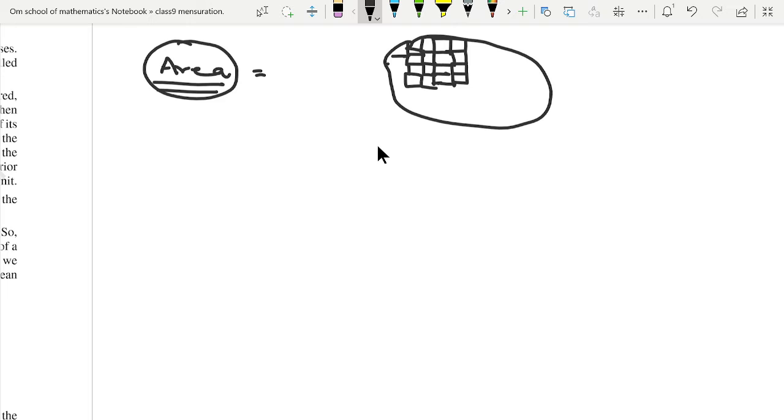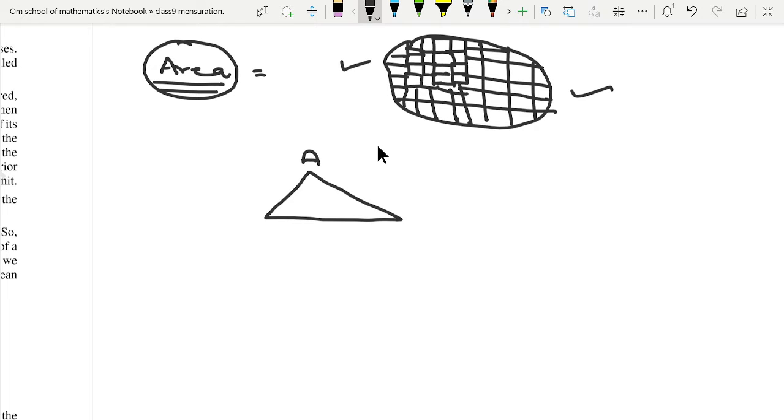So area is nothing but counting the number of squares, like the floor of a house or the floor of a hall. Now you can imagine this is a triangle, and you have all learned the formula for the area of a triangle.